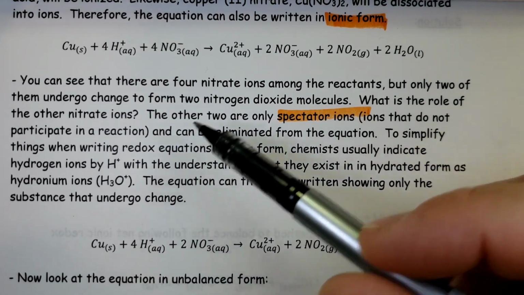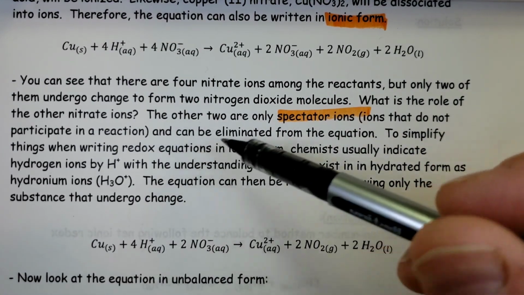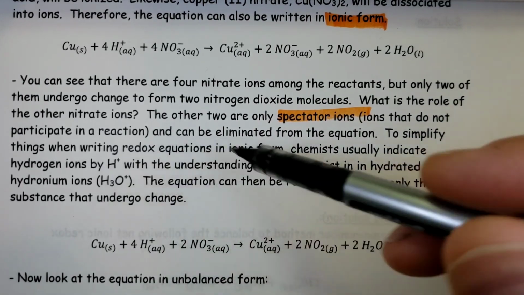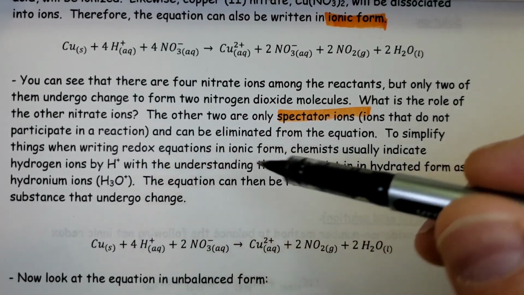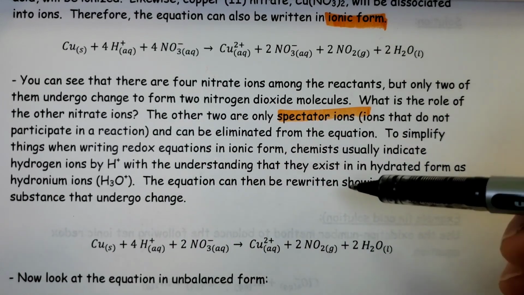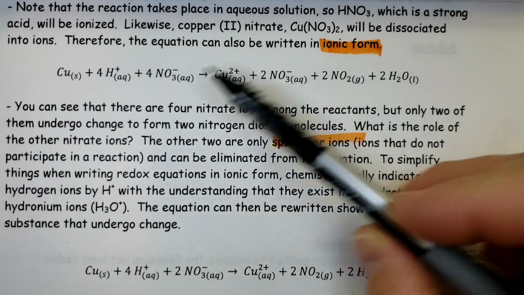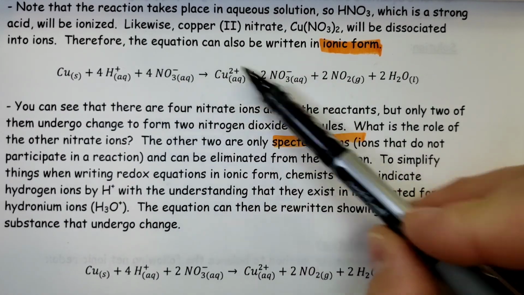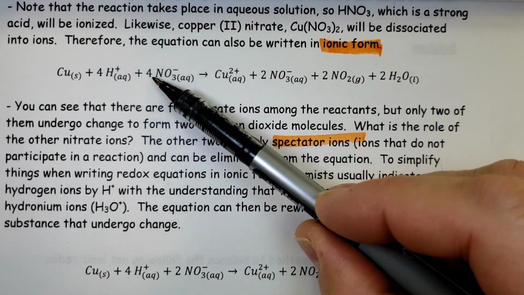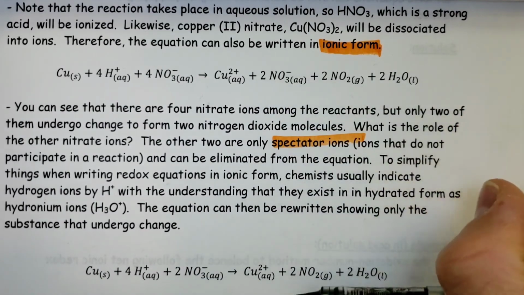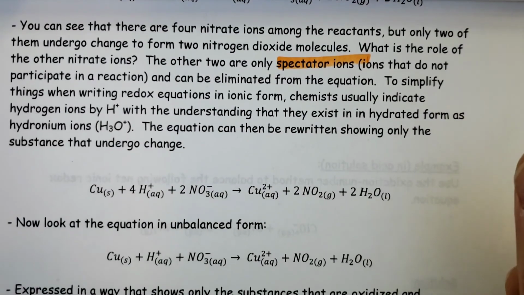So to simplify things, when writing redox equations in ionic form, chemists usually indicate hydrogen ions by H+ with the understanding that, yes, they're H3O+. The equation can then be written showing the substances that are undergoing a change. So 2 nitrates remain unchanged. So I take 2 away from here, leaving me with 2. Take all of these 2 away, leaving me with none. So now I just have this.